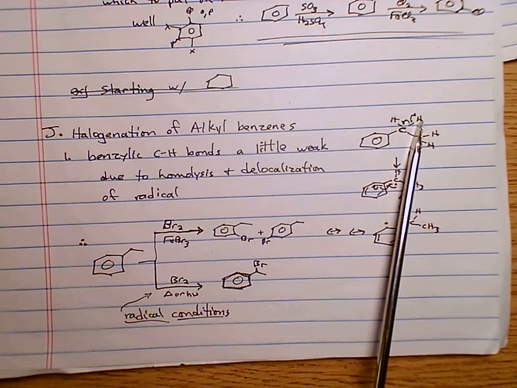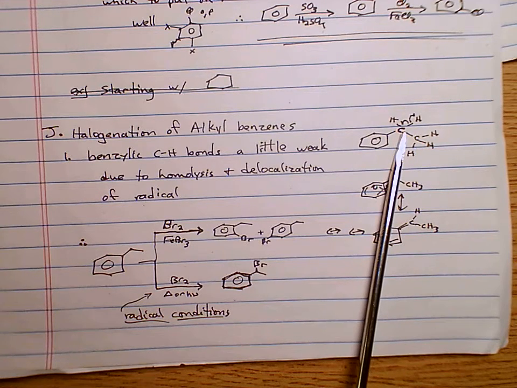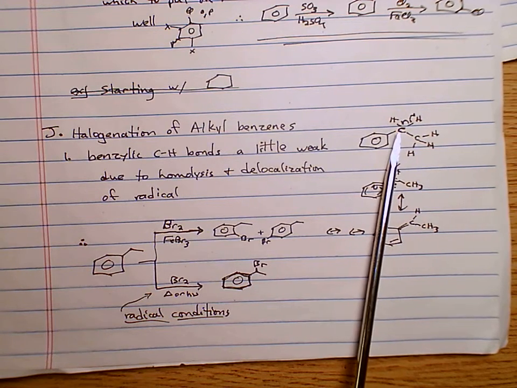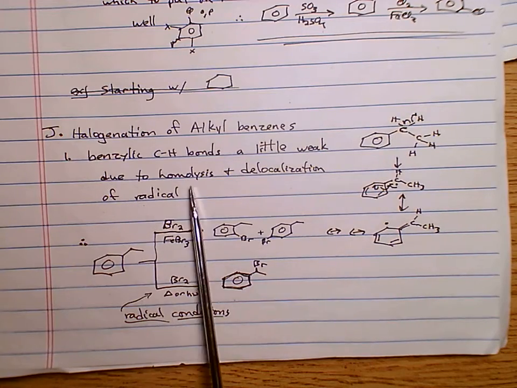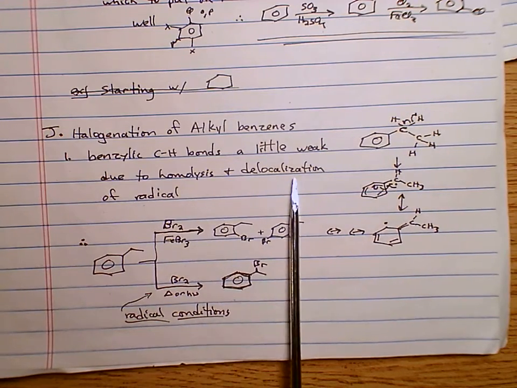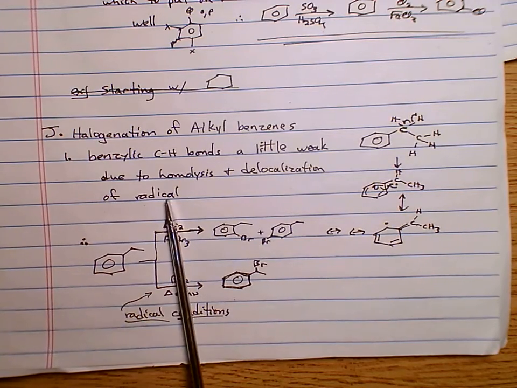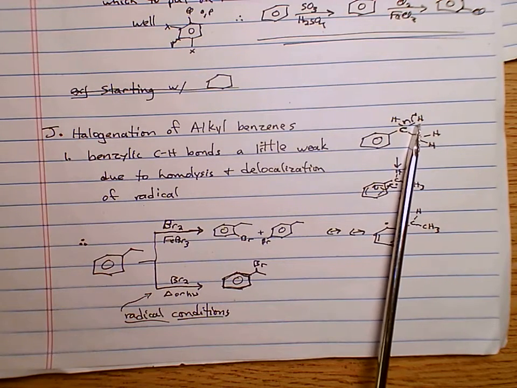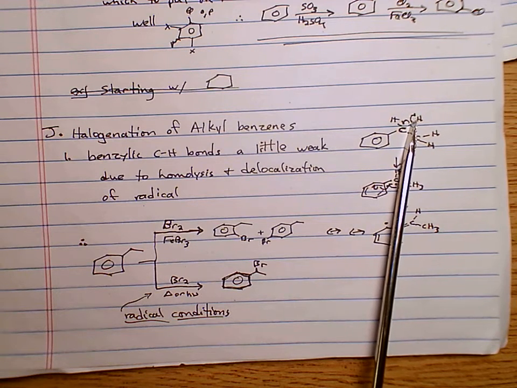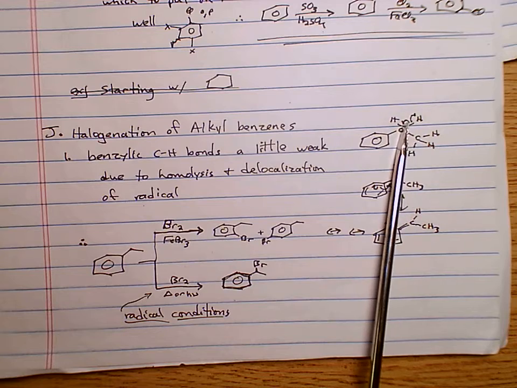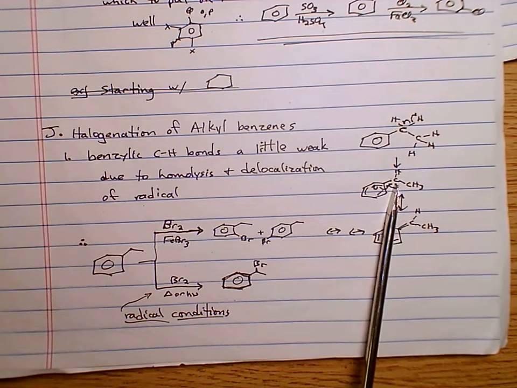It turns out this carbon-hydrogen bond is fairly weak and is likely to undergo homolytic cleavage and delocalization to make a radical. So what's going to happen is the carbon-hydrogen bond will break homolytically. One electron will go to the hydrogen, one electron to the carbon, making the carbon radical.